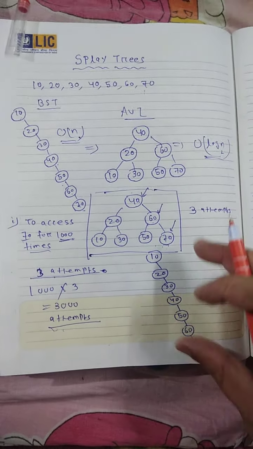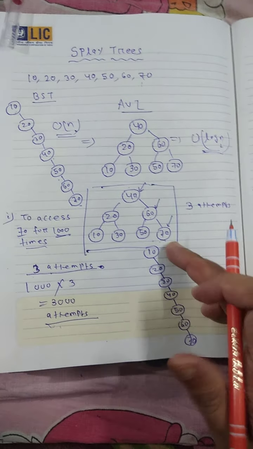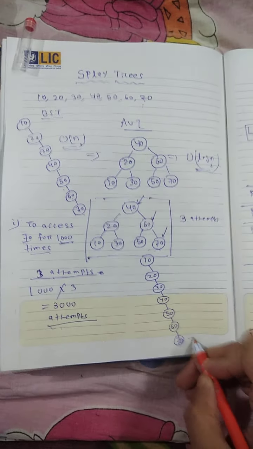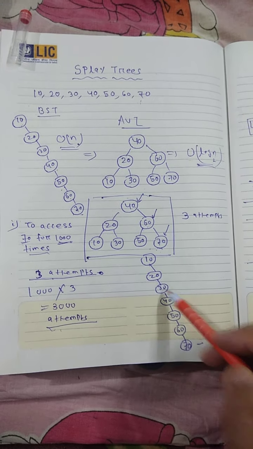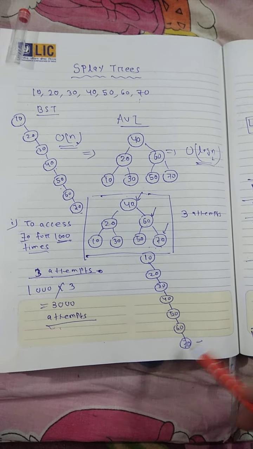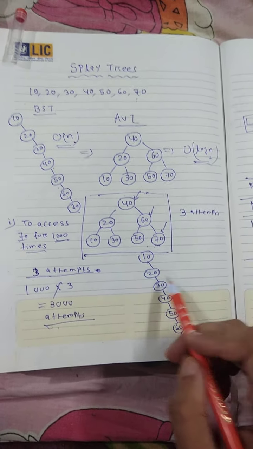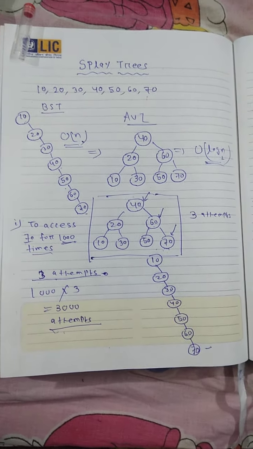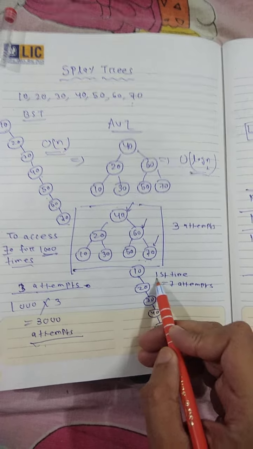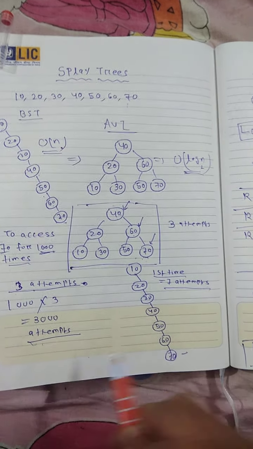Now let's see the binary search tree. In the binary search tree, 70 is here. If you search for 70 the first time, from the root, then 3, 4, 5, 6, 7, that means the first time we search for 70 we need 7 attempts.